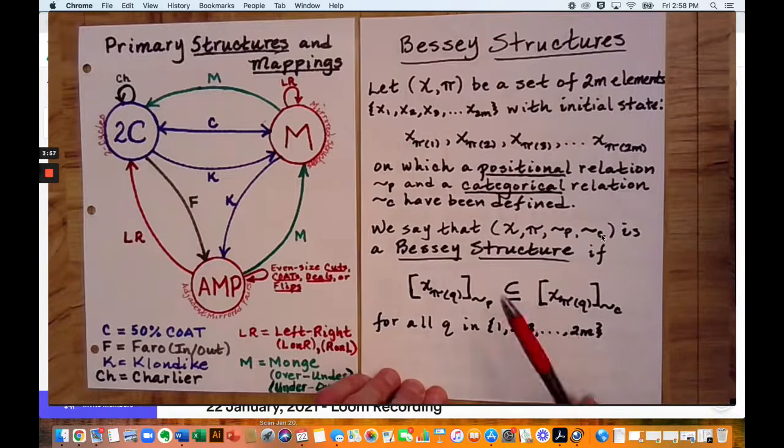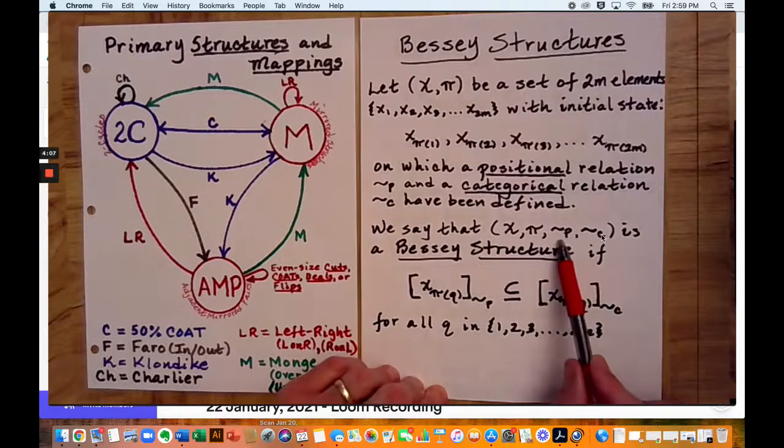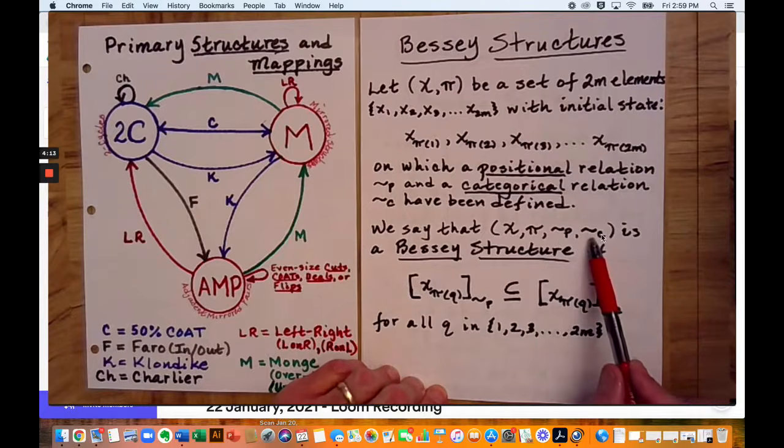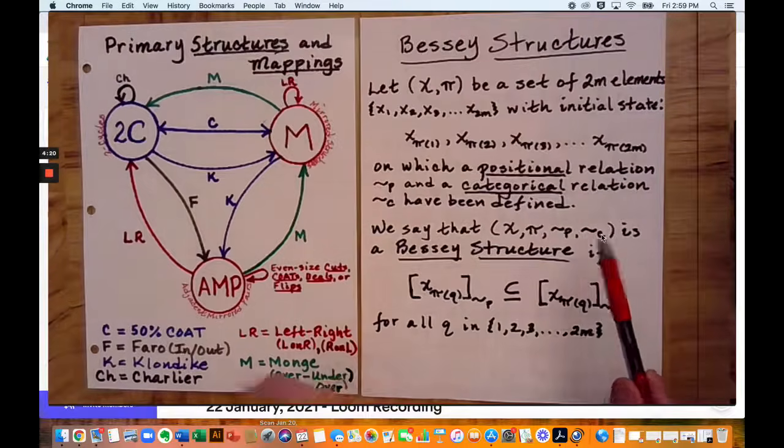Okay, so we have a set of objects, we have some initial ordering, we have an equivalence relation that gives us a structure relative to positions of these objects, and also we have an equivalence relation that puts these objects into distinct categories whose union is the whole set of objects.